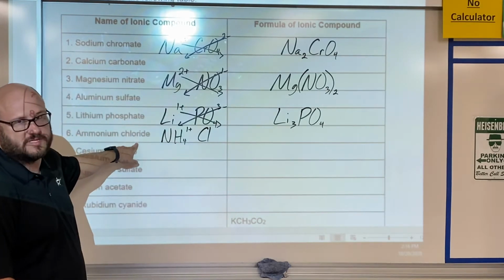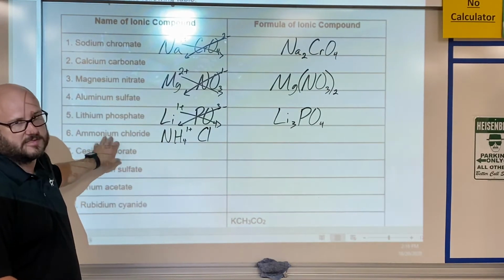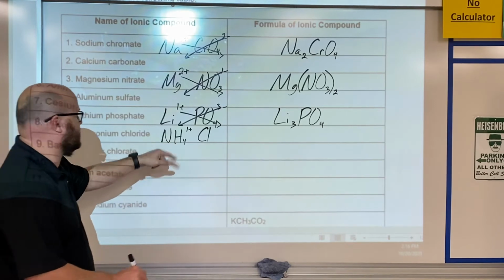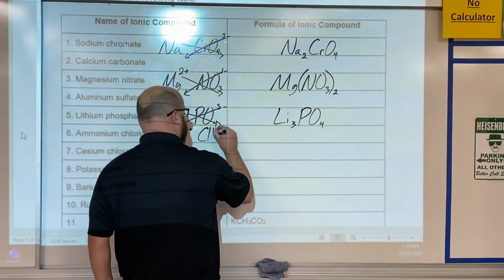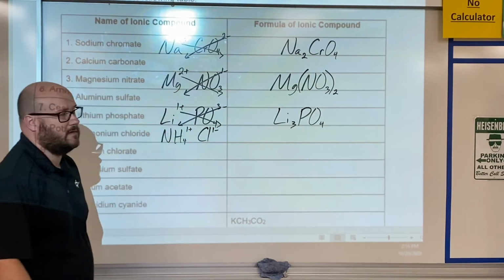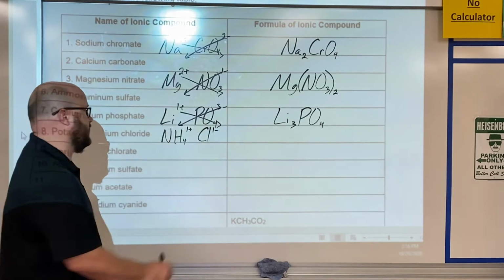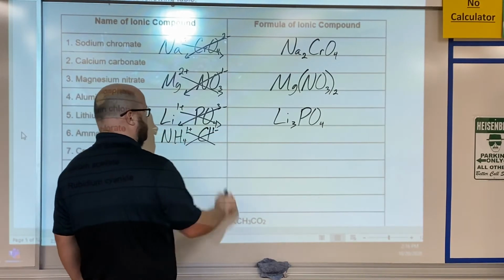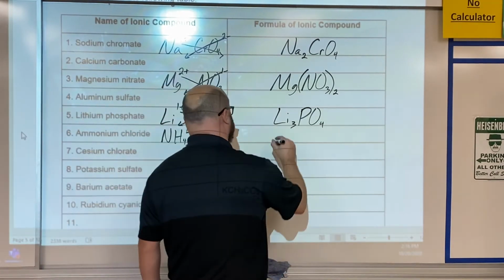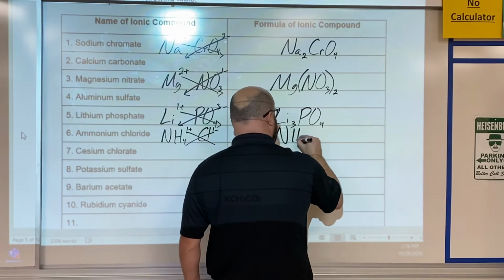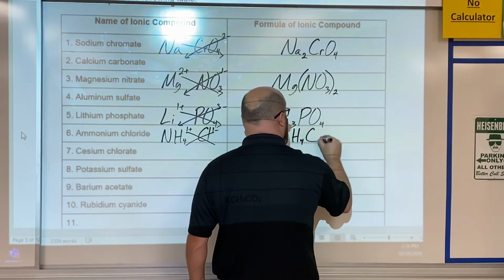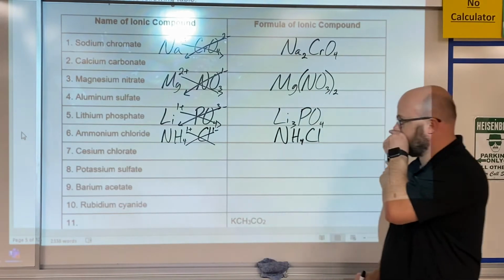And chlorine's in group 7A, so it has 7 valence electrons. It needs 1 more, so it's going to be 1 minus. When we got 1s up here, we get 1s after we crisscross, and we end up with just NH4Cl.